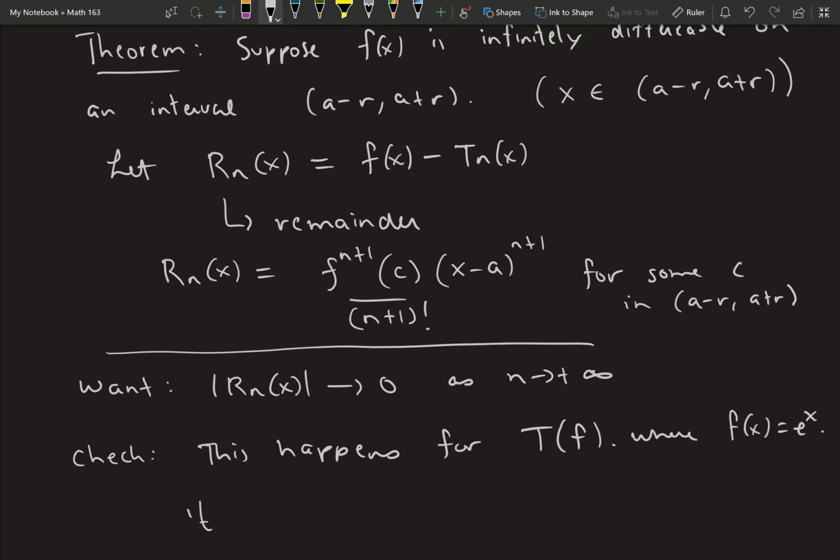So if indeed we can show that the remainder goes to 0, then that would mean that indeed the Taylor series that we found is actually equal to e to the x. That's the whole goal of this.